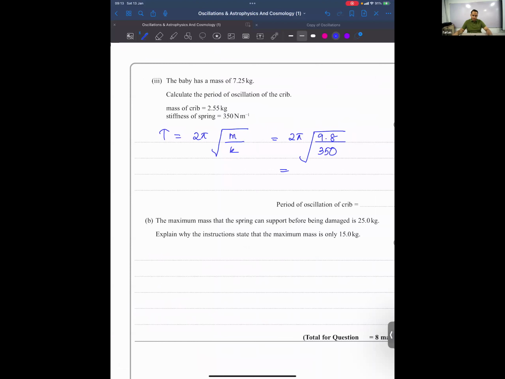It's the mass, right? So on the spring, the crib and the baby both are there, no? So the mass that is hanging on the spring will be the crib mass plus the baby mass, which is 7.25 plus 2.55, that is 9.8. Okay. That will be 2 pi into square root of 9.8 over 350.